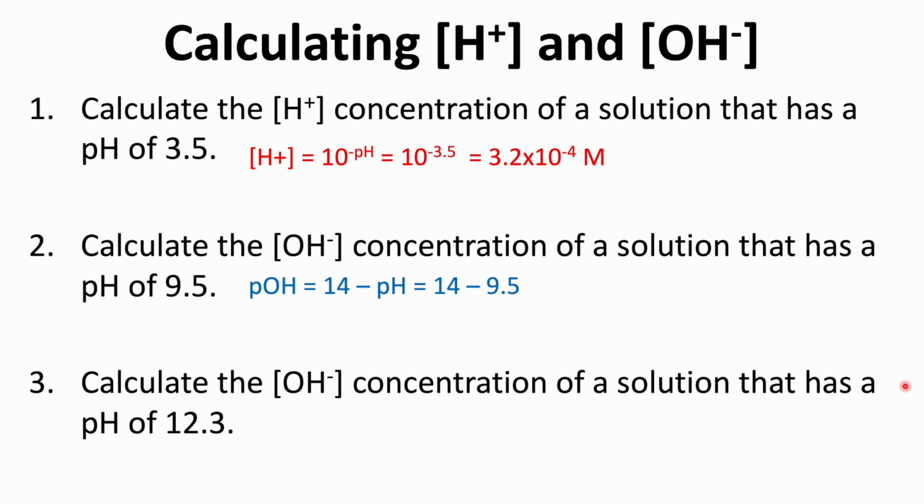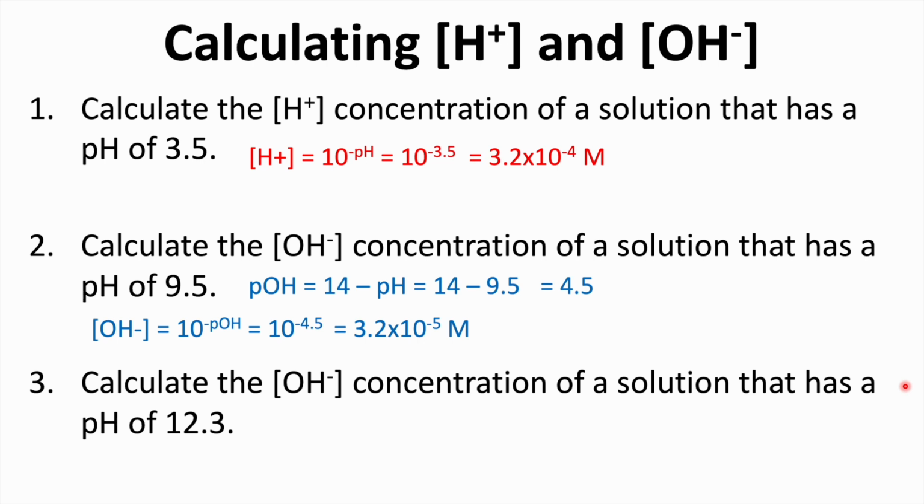So 14 minus 9.5 comes out to 4.5. Once I know the pOH, I know that the hydroxide concentration will be equal to 10 to the negative pOH power. So I take 10 to the negative 4.5 power, and I get a concentration for hydroxide of 3.2 times 10 to the negative 5th molar.